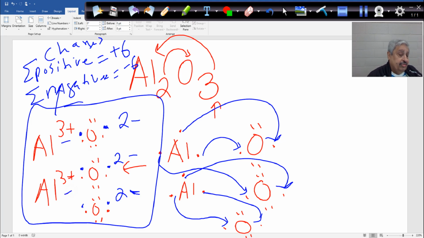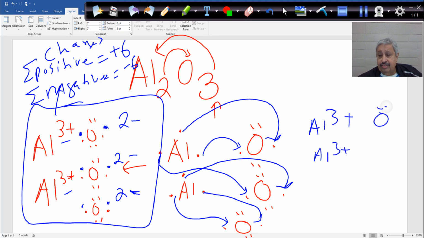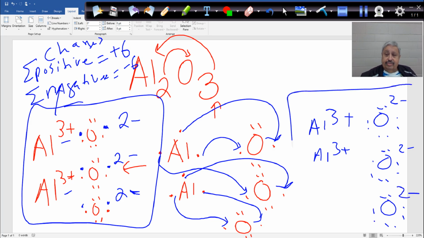Plus 3, plus 3, plus 6. So this is the Lewis dot structure of Al 3 plus, Al 3 plus, and oxygen 2 minus, oxygen 2 minus, oxygen 2 minus, and each oxygen has 8. This is the Lewis dot structure of aluminum oxide.